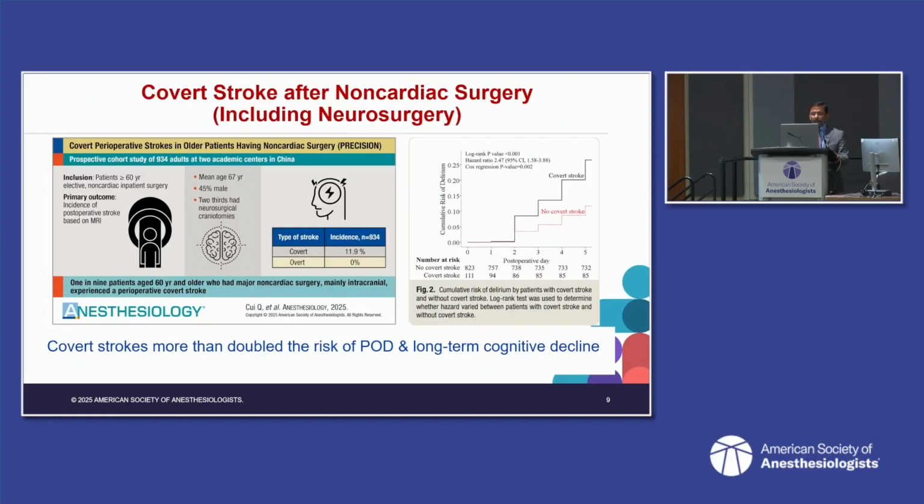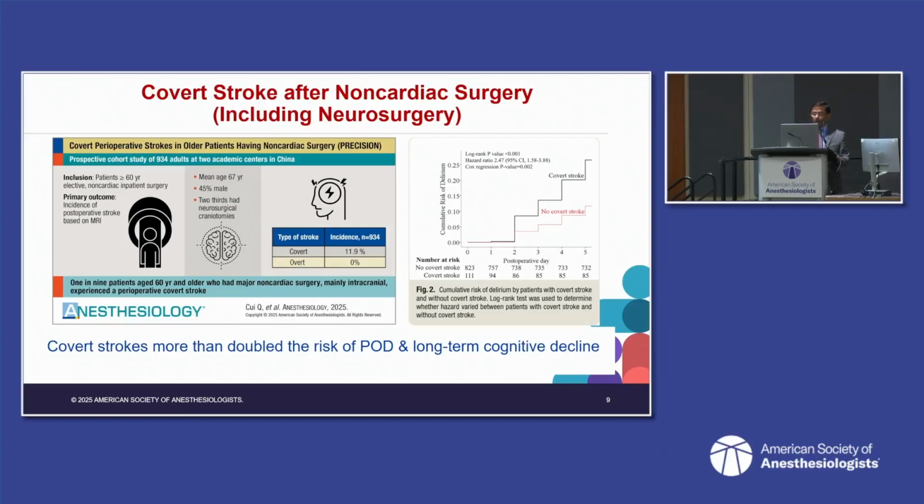And this study actually recently got published in Anesthesiology this year. It's similar in design to the Neurovision study, but it's interesting in the sense it's a mixed population of non-cardiac surgery population that includes 2/3 of patients who underwent neurosurgical craniotomy. These are all elective procedures. Patients are more than 60 years of age, and these are inpatient procedures. And again, the patients have postoperative MRIs, and they found that patients have about a 12% risk of covert stroke in this study.